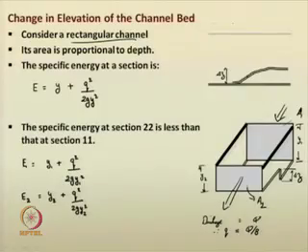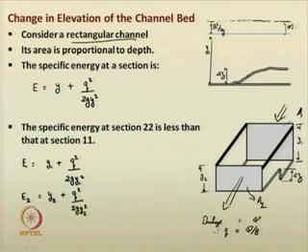If you see here, you know the specific energy diagram will be looking like this. So, this is the depth of flow y 1 and this is the velocity head v 1 squared by 2 g. Here also we do not know the exact location, v 2 squared by 2 g, and this is y 2.